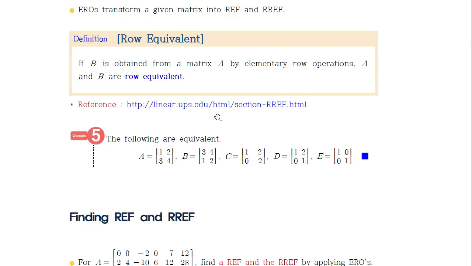If you have an A matrix, you only use the elementary row operation finitely many times, then you will have a new matrix B. You call these two matrices row equivalent. Okay. This row equivalent means it has many properties.